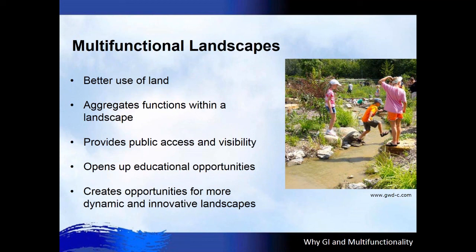The same thing is true with landscapes usually, if they're well designed. Landscapes that can be thoughtfully layered with several functions provide smart, economical use of land. Multifunctionality is the antithesis of suburban sprawl. It's the wise use of land.